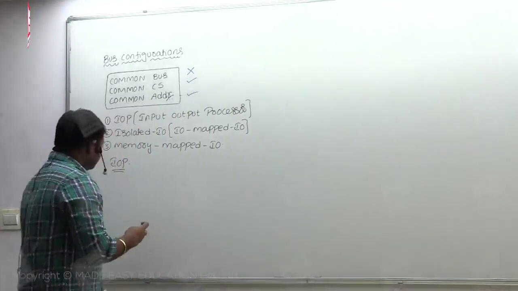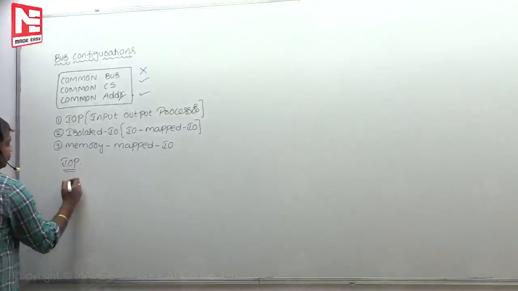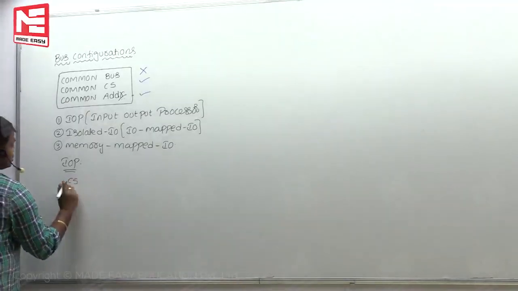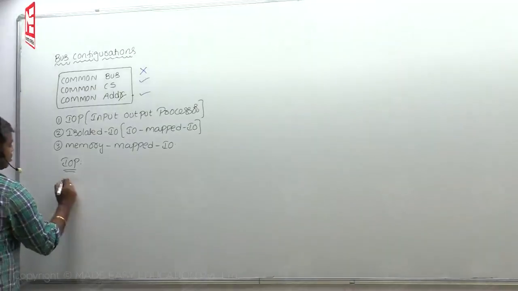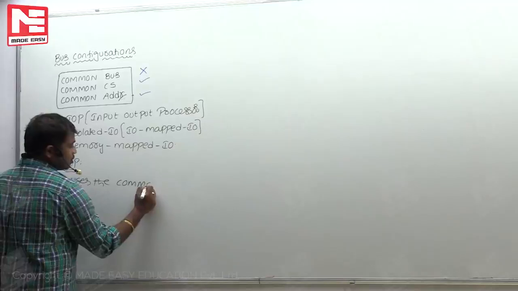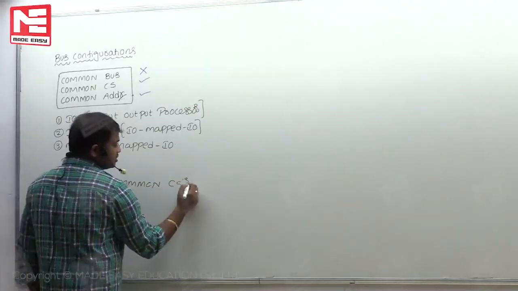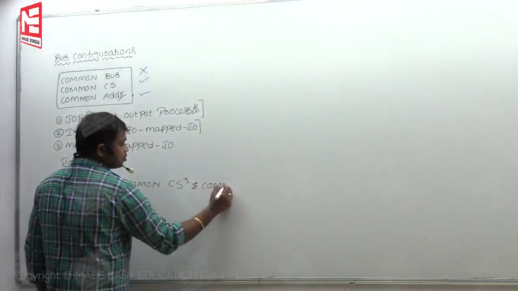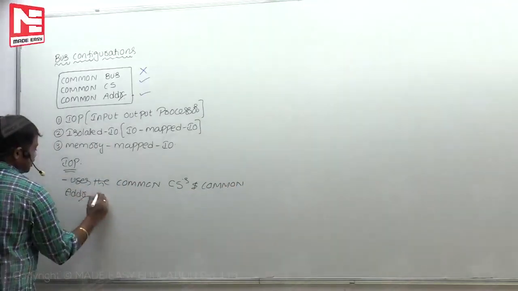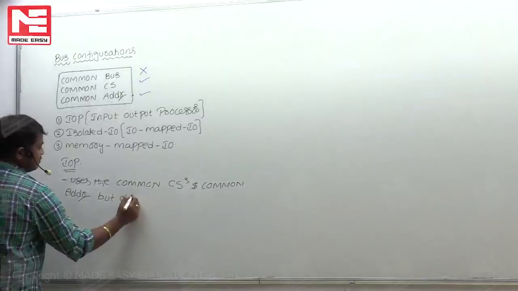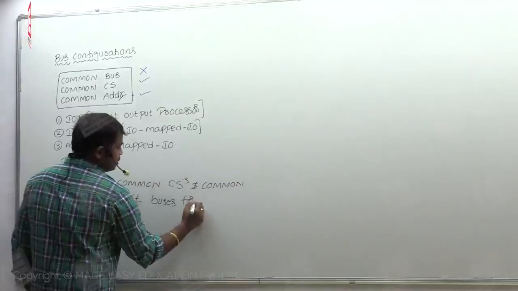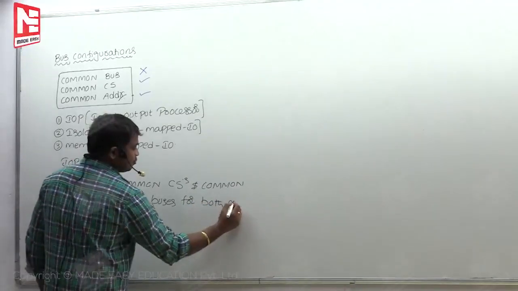Right. So here, this configuration uses the common control signals and common address, but different buses for both memory and IO.